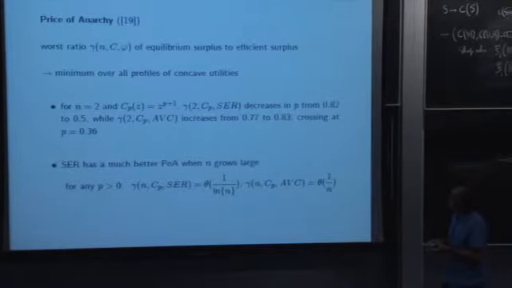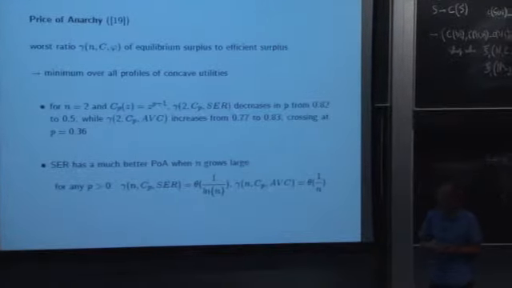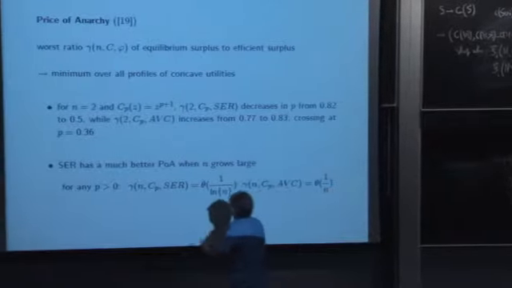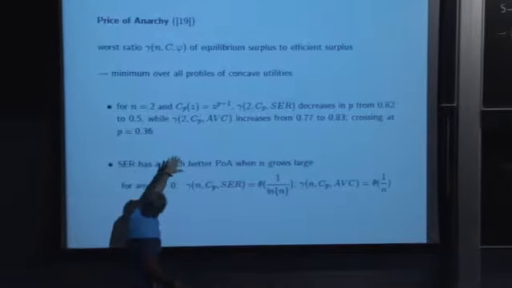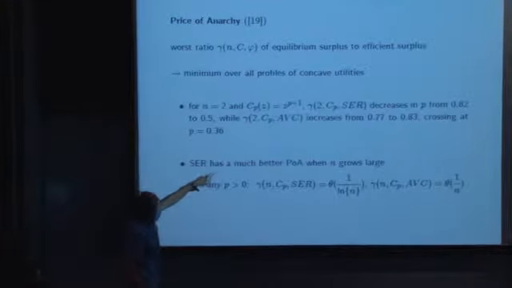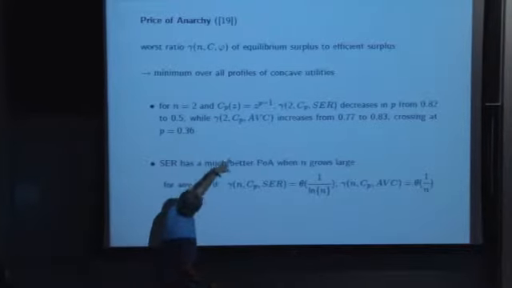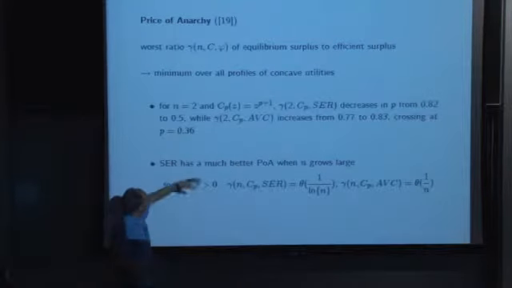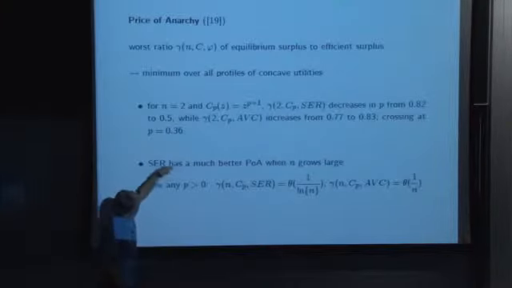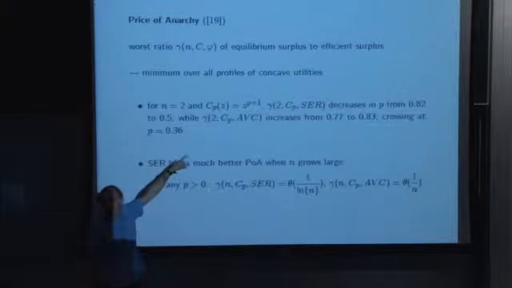Okay. So it turns out it's rather interesting that for n equal 2, when you have only two people, you can make the case that average cost behaves better than serial in the following sense: you look at power functions like this, and you see that the worst efficiency ratio of serial goes down to 1/2 when P starts at 0, I mean not 0 but strictly positive, and goes up to infinity.